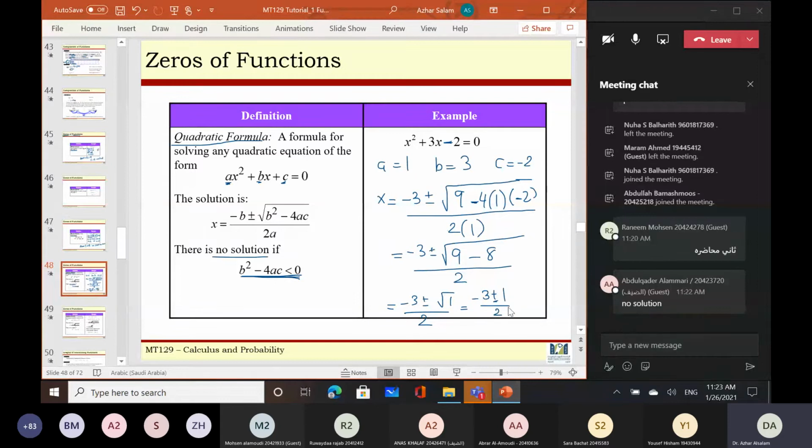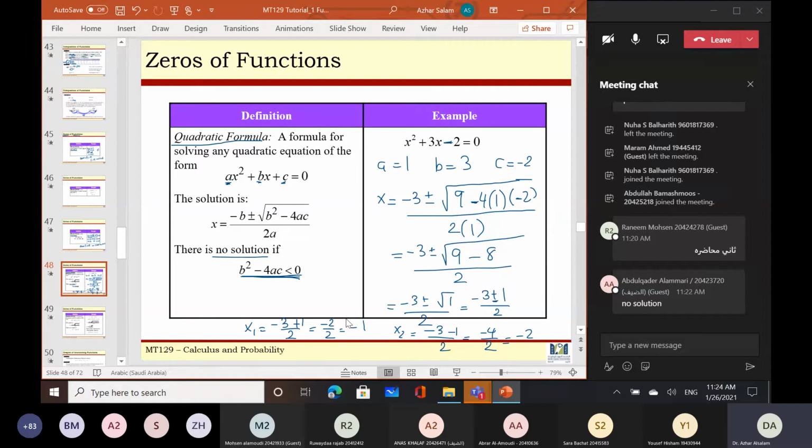I have here two numbers, one of them with plus and one of them with minus. So the first x will be minus 3 plus 1 over 2, which is minus 2 over 2, which is minus 1. And the second x will be minus 3 minus 1 over 2, which is minus 4 over 2, minus 2.